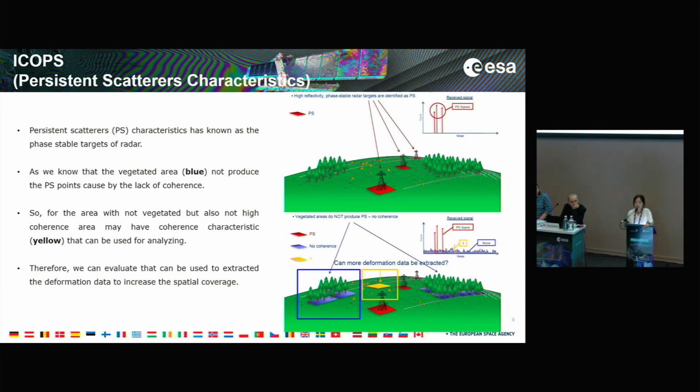We know that a vegetated area like the blue box does not produce PS points because of lack of coherence. For an area that is not vegetated but also not high coherence, there may be coherence characteristics that can be used for analysis, like the yellow box. Therefore, we can extract the deformation data to increase the spatial coverage.